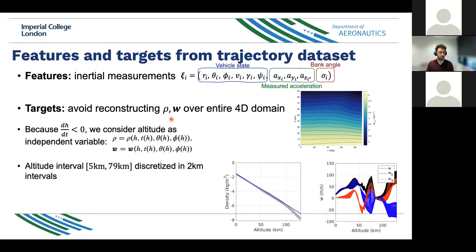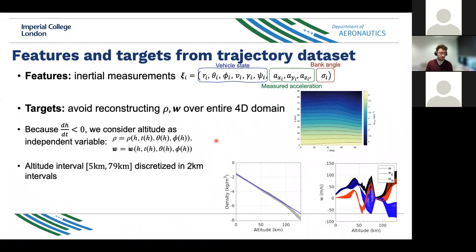So what we do is to consider, since the altitude is always monotonically decreasing, we can consider it as an independent variable, and we can consider time, longitude, and latitude as a function of altitude in the density profiles and also wind profiles.